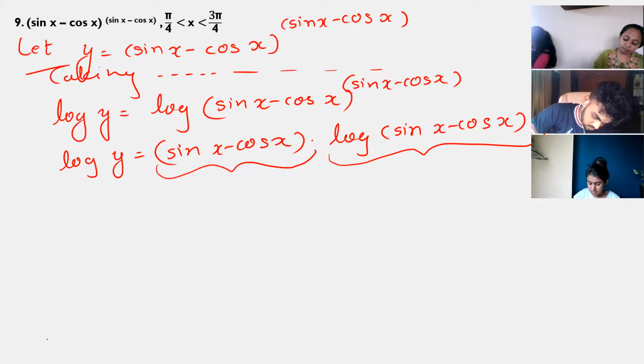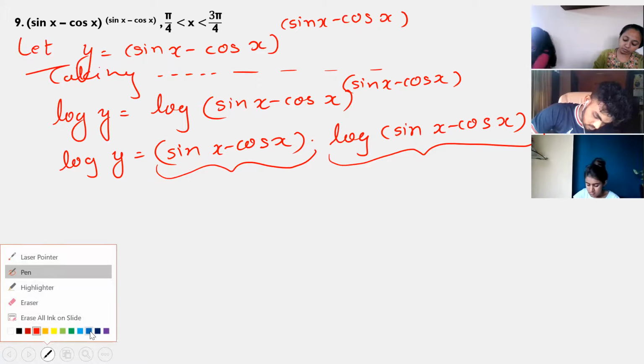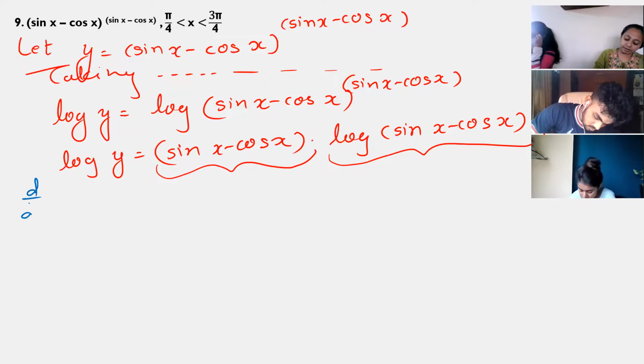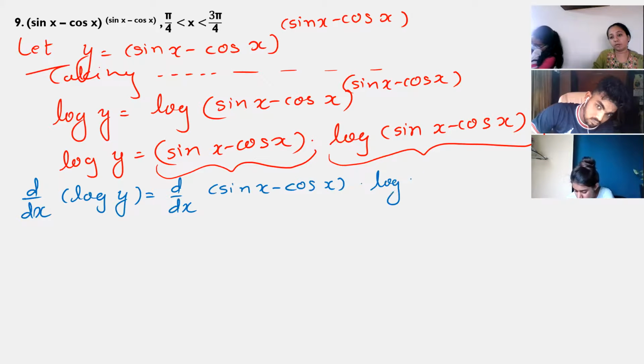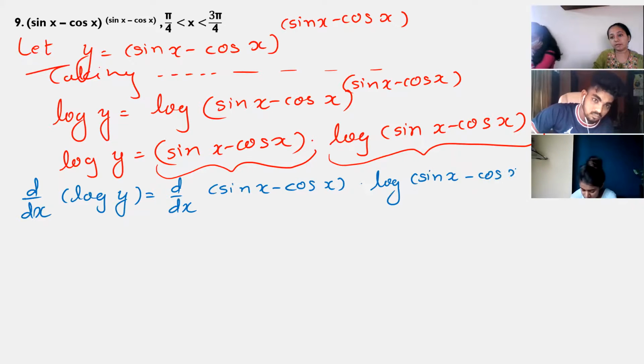Taking differentiation on both sides. d by dx of log y is equal to d by dx of sin x minus cos x into log of sin x minus cos x.